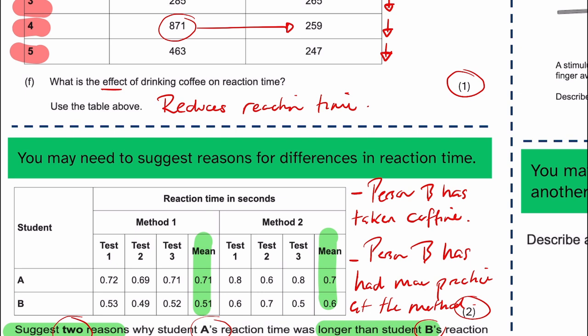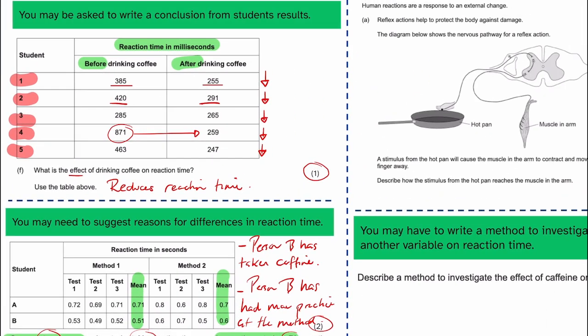If you've got someone who sat there practicing that reaction time practical over and over and over again before they did it, and then the other person has never practiced it, they're going to do better at it. So other things you could have said: that person B used their dominant hand, whereas person A used their non-dominant hand. They're all valid reasons, but just stick to 2.